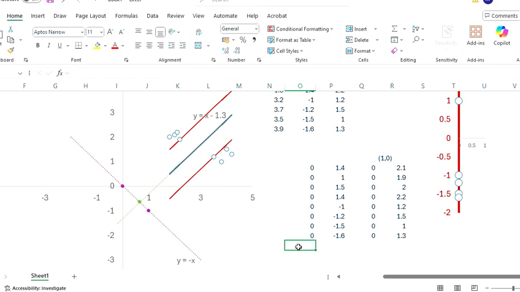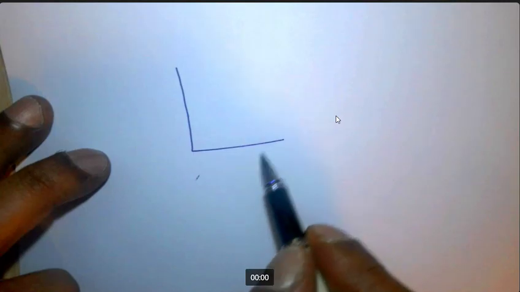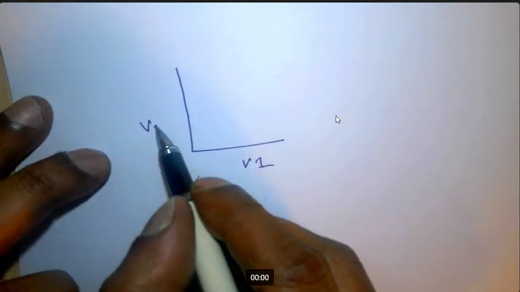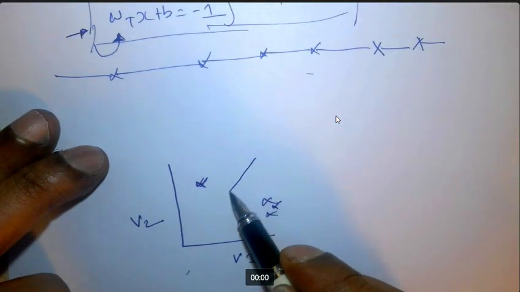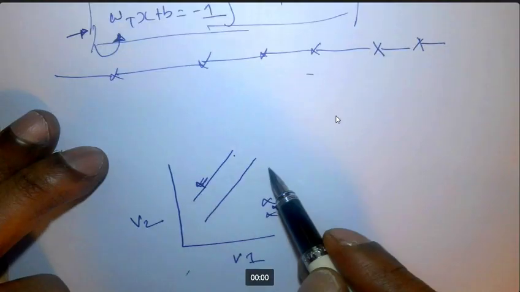So what I'm talking about is, let's say you have variable 1, variable 2, and some data points here, and let's say you manage to get the hyperplane on the support vectors.